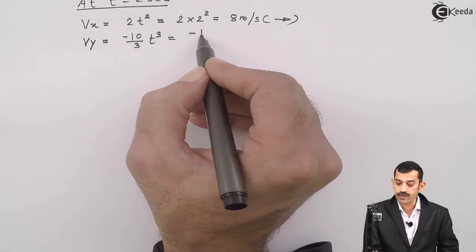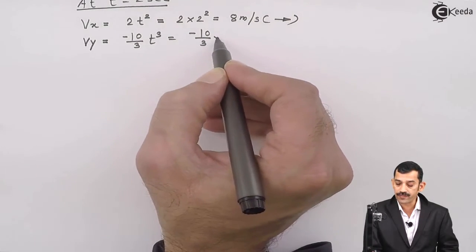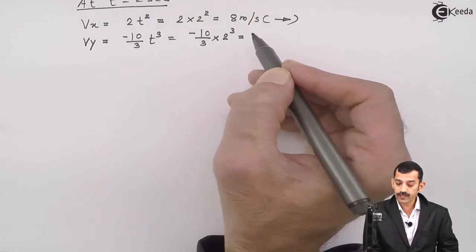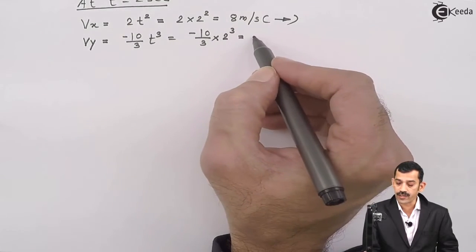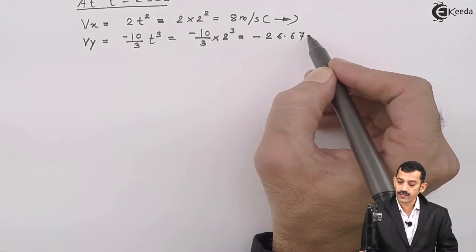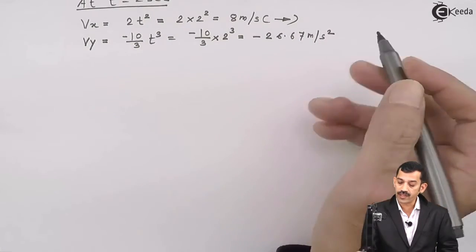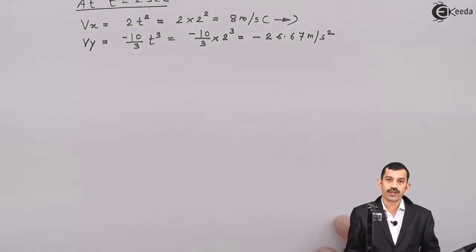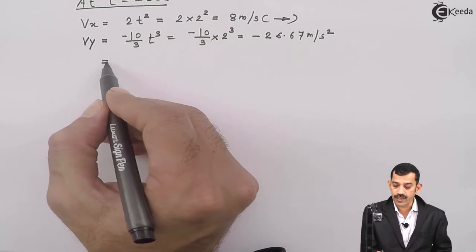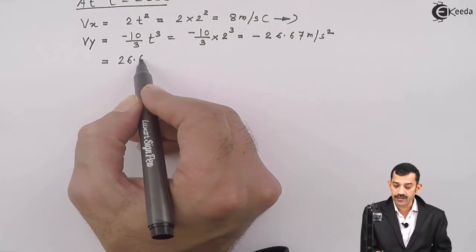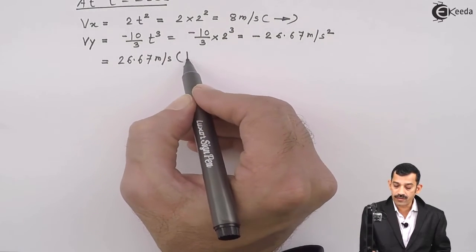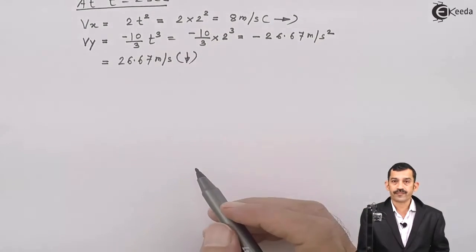Therefore, this value is minus 10 upon 3, and we substitute t as 2 seconds, 2 cube. If we calculate using a calculator, we get minus 26.67 meters per second. The negative sign represents that this velocity component is in the downward direction. Therefore, Vy is 26.67 meters per second in the vertically downward direction.